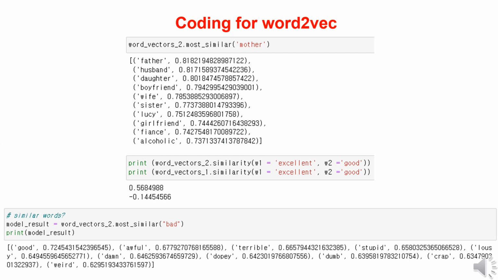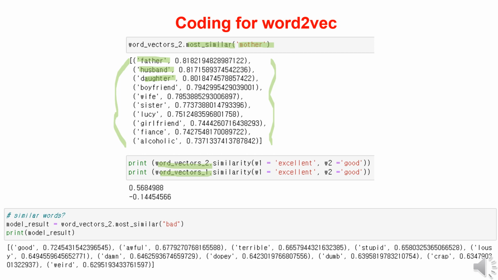Using the most_similar command to find words most similar to mother in descending order of similarity, we can observe words like father and husband at the top of the list. Here, Vector 2 represents the model trained on movie reviews, while Vector 1 represents the model trained on the previous 5 sentences.